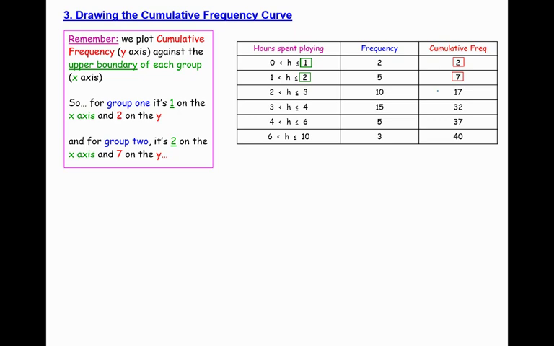And the horizontal axis will always be the hours spent playing, which is your independent variable that we always look at when it comes to drawing graphs.